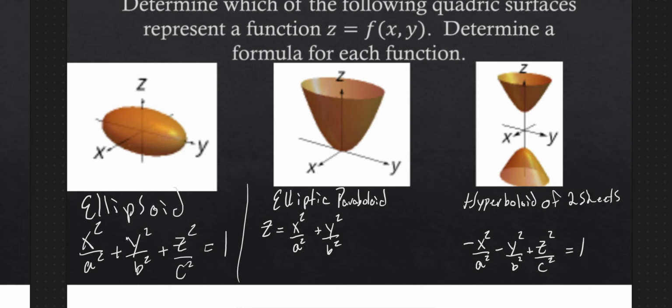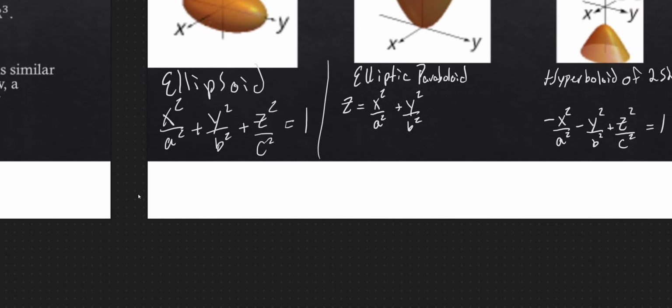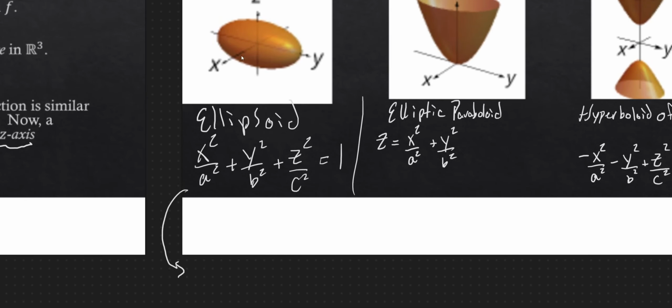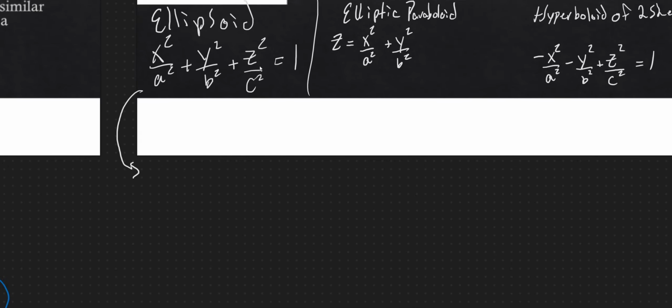I did the ellipse example just down here because we can do something similar for the ellipsoid. Rather than just saying this is not a function of two variables, we can actually find two functions, just like we did for the ellipse, that generate the surface. Since z is my output variable, I'll try to solve for that. I get z squared equals c squared times 1 minus x squared over a squared minus y squared over b squared when I move these things to the other side.